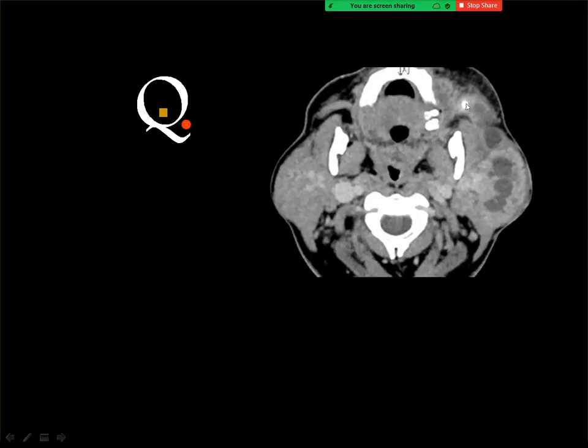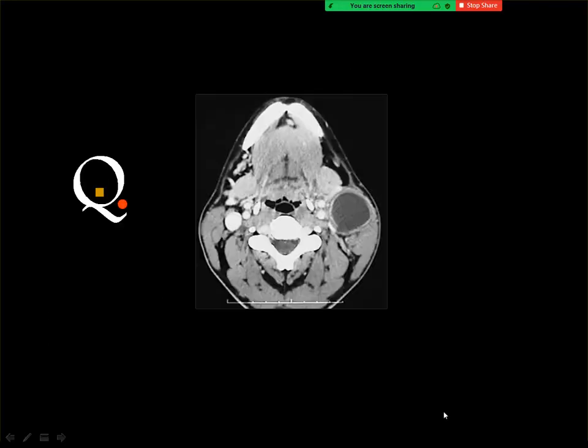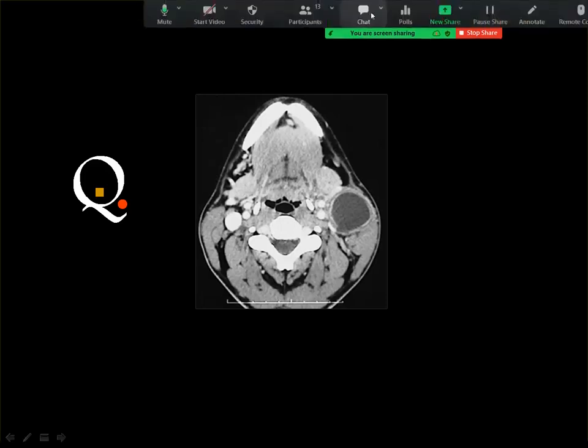It is obstructed by the calculus, and the duct is markedly dilated with stasis of the secretions and enlargement of the parotid gland with stranding of the subcutaneous fat, meaning that this is an obstructed parotid duct with the formation of an abscess along the dilated duct secondary to the calculus obstruction. And this is also a case that is easy in the diagnosis.